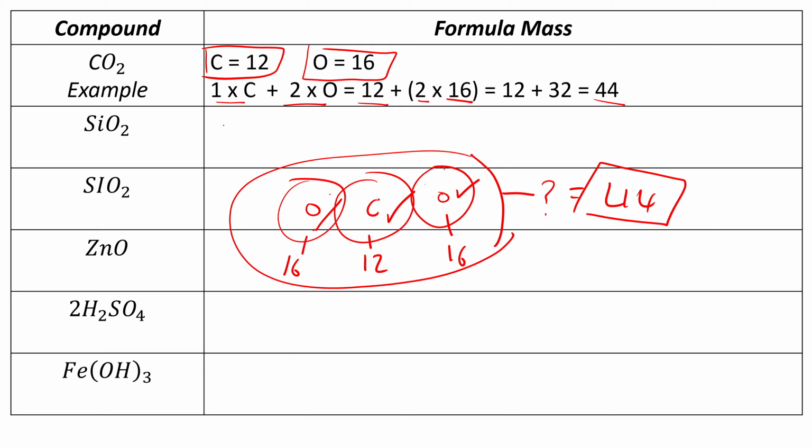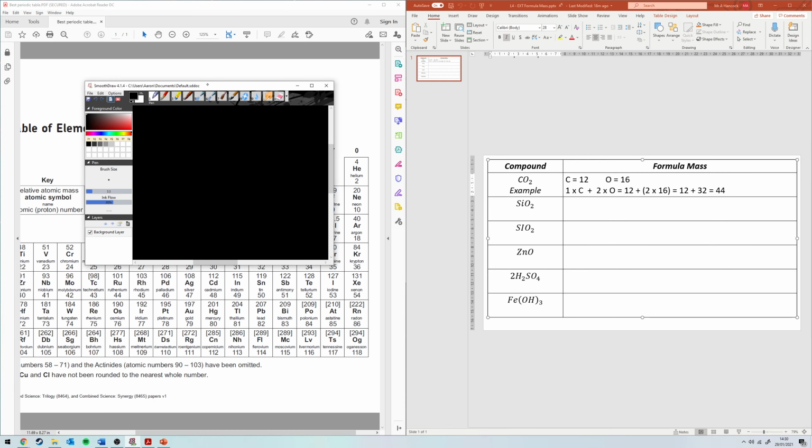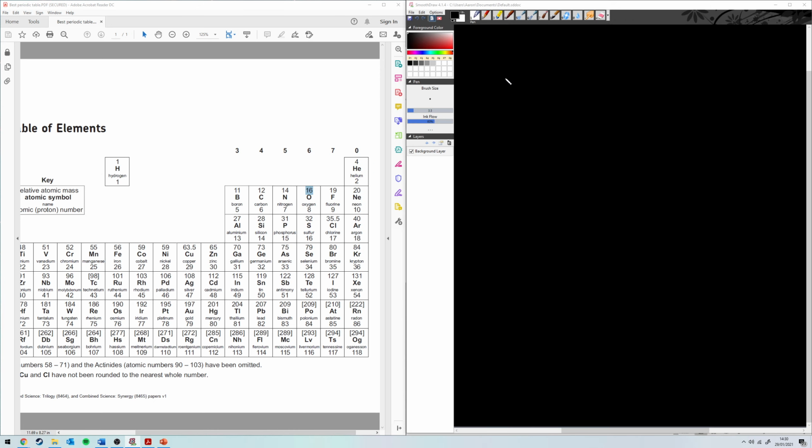So if I was to do silicon dioxide, SiO2. Silicon dioxide. From my periodic table, let's find silicon. There it is.